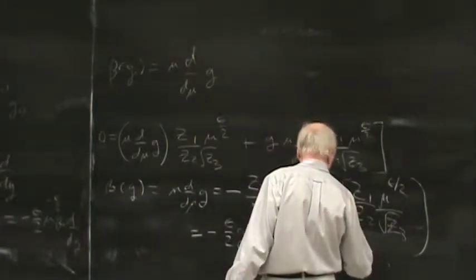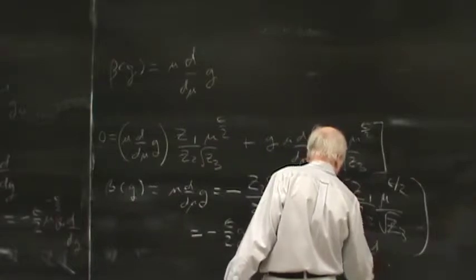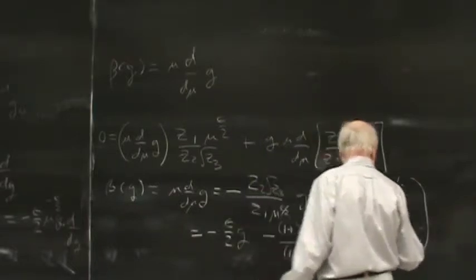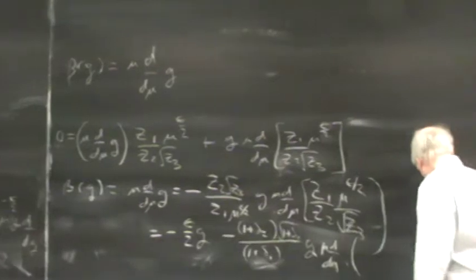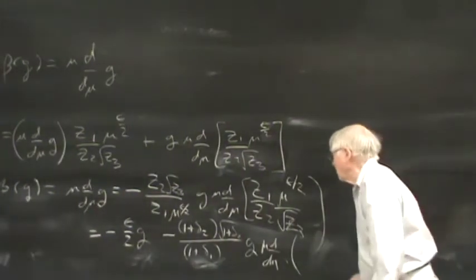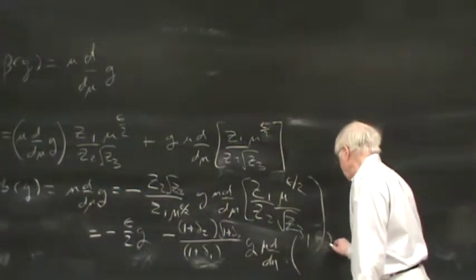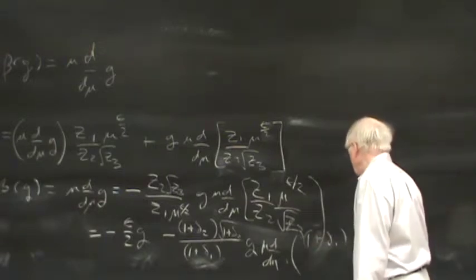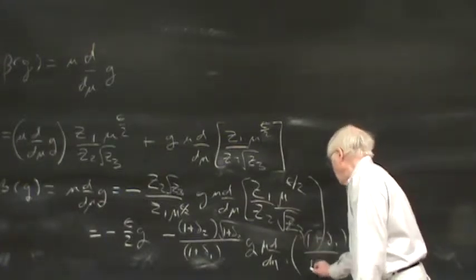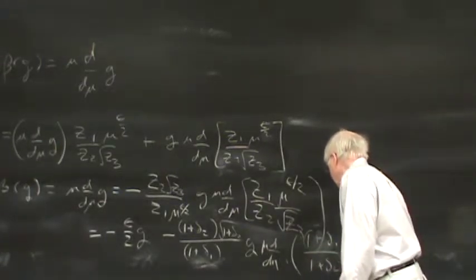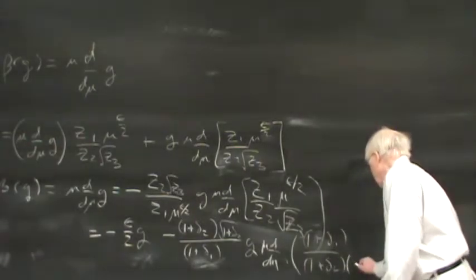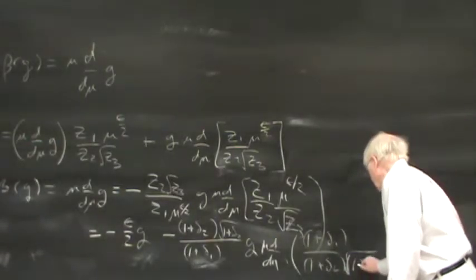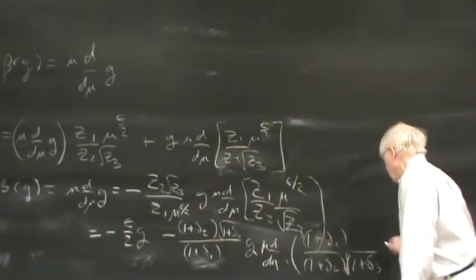We get G mu d/d mu of what's left here, which is 1 plus delta 1 over 1 plus delta 2 square root of 1 plus delta 3.